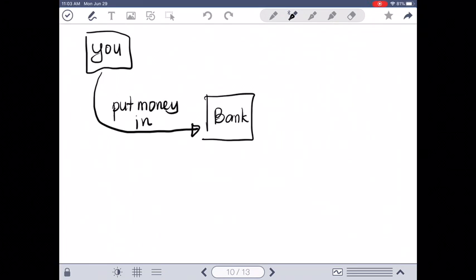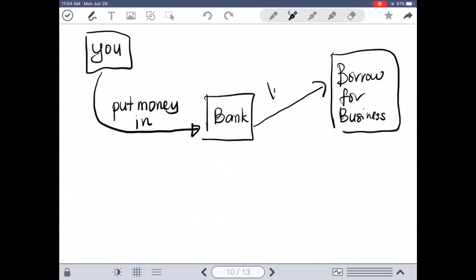So the bank will take the money and give it to someone who wants to borrow for probably business, maybe to buy a car, maybe to buy a house.